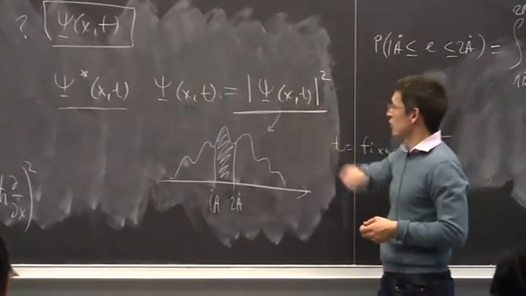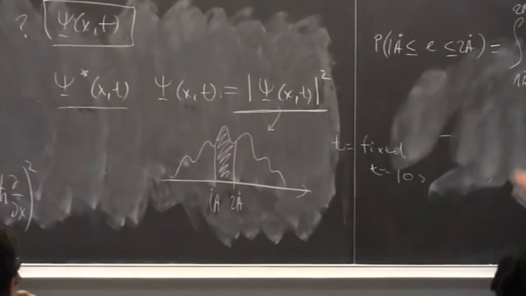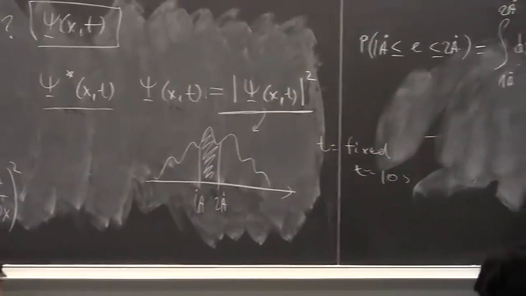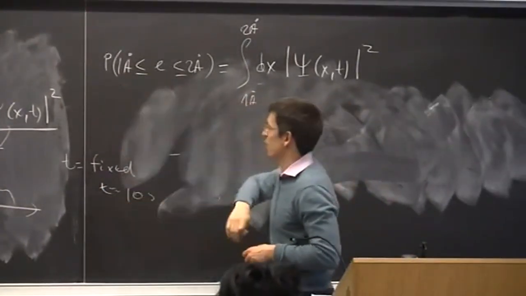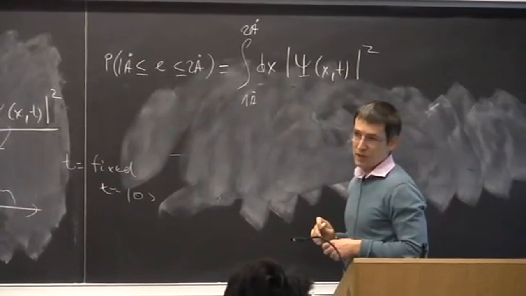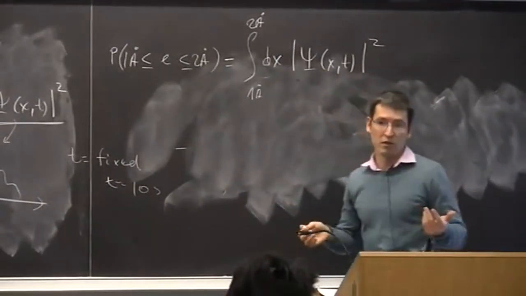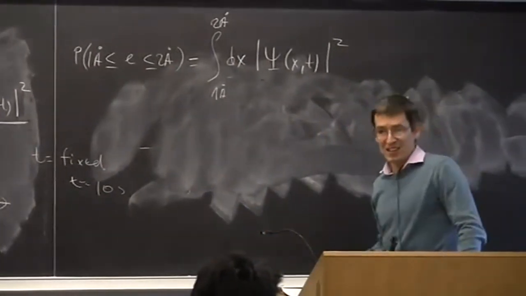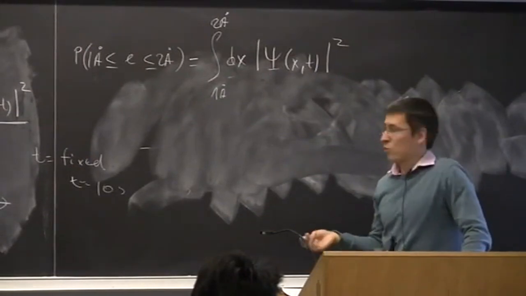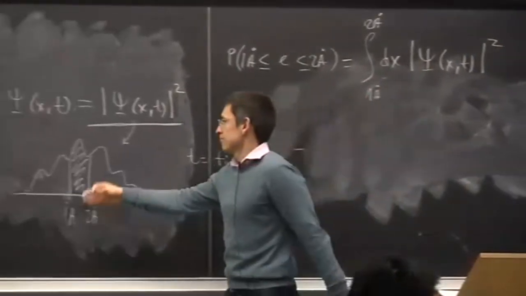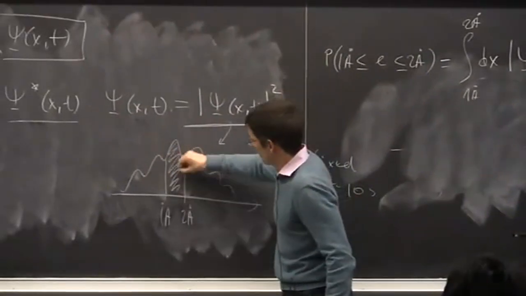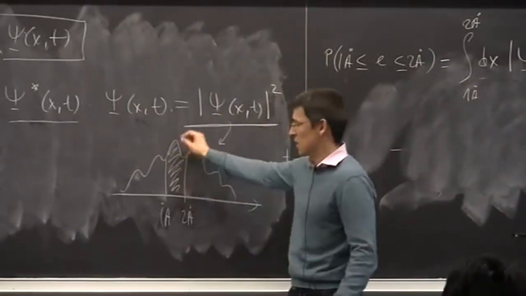Okay, so if we know that from the solution of the Schrödinger equation, then all we need to calculate the probability of finding the particle is to take this integral. And presumably you can always calculate the integral, maybe not analytically, but numerically you always can. All you need is to split the area into smaller pieces and sum them.